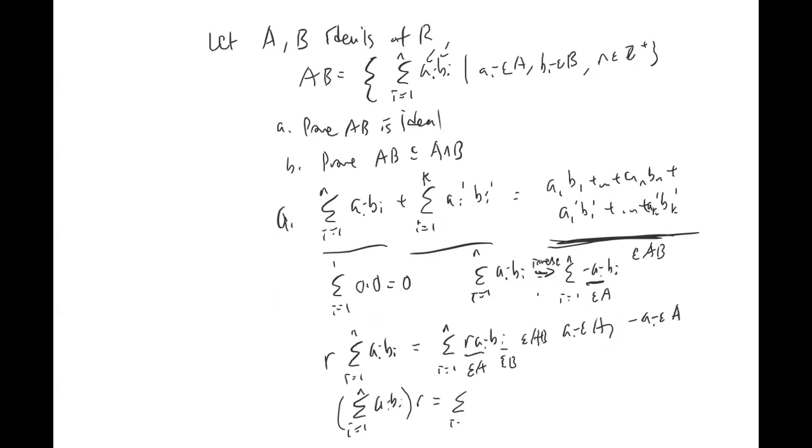So it's not commutative, but it doesn't really matter because this is the ideal property. So a_i, b_i r. Since B is an ideal, b_i times r is in B. This is in A. So this is in AB. So you see in this case, we don't even need commutativity, right? And yeah, so that's an ideal.